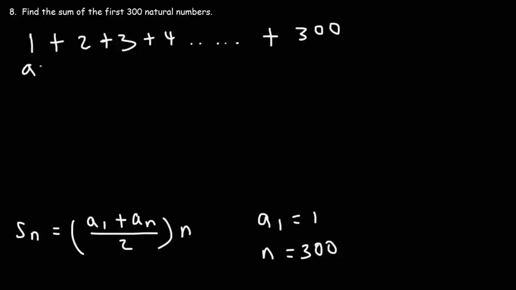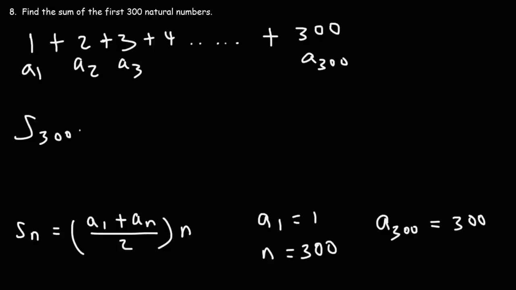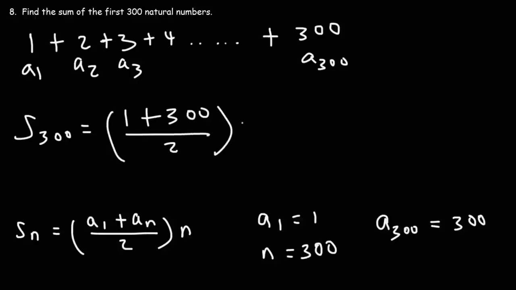If this is the first term, this is the second term, this is the third term, this must be the 300th term. So we know n is 300 and a sub n, or a sub 300, is 300. So we have everything that we need to calculate the sum of the first 300 terms. So it's a sub 1, which is 1, plus a sub n, which is 300, over 2, times the number of terms, which is 300.